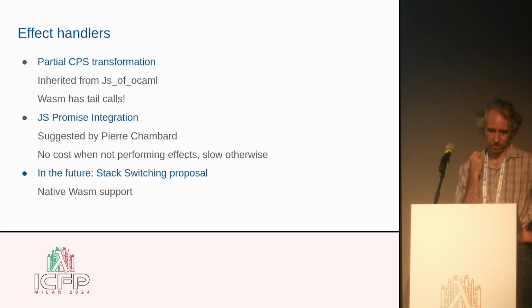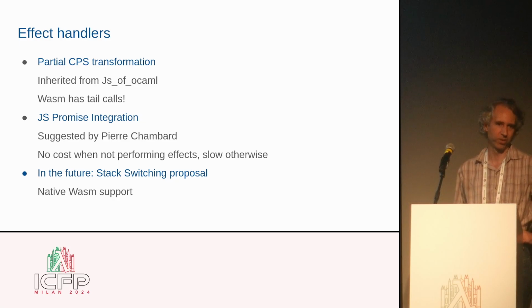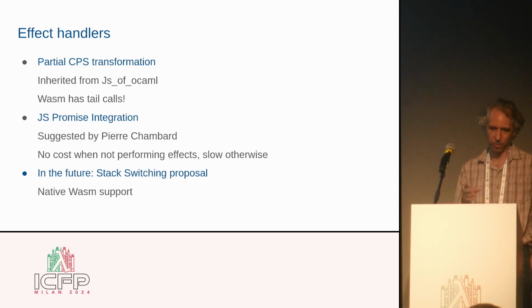And another approach is to use an extension proposal called JS Promise Integration, which allows you to stop the current execution of the WASM program when calling JavaScript, to suspend the execution of the WASM program. Basically, the function will return a promise, and the WASM program will continue when the promise is resolved.